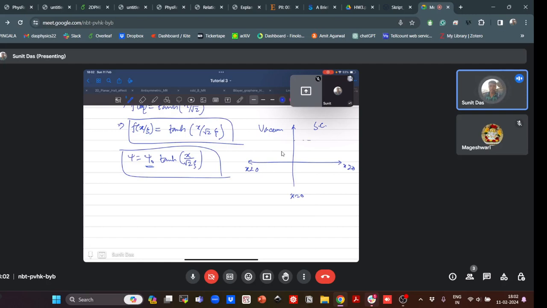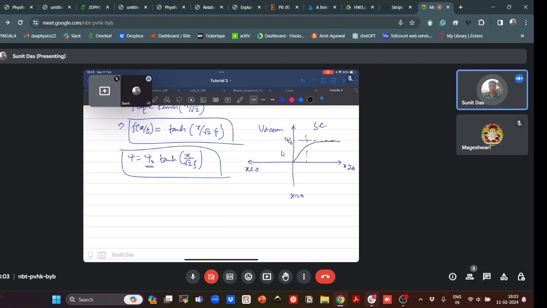So let's say I have some superconductor and the order parameter gradually decreases like this. This is psi 0.